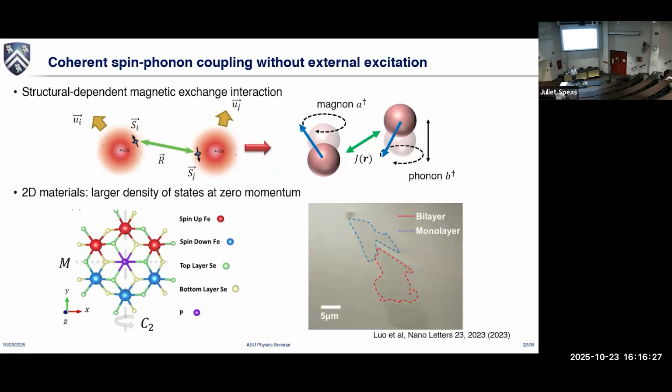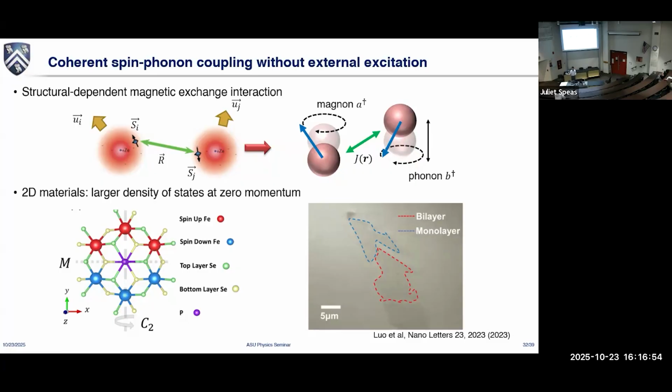And the other thing that is interesting about magnon-phonon coupling instead of spin-phonon coupling is that magnon-phonon coupling can even occur at zero temperature without putting in external light. Okay, so think about that. Previously we put in light, excited chiral phonons, and then chiral phonons generated spins, right?